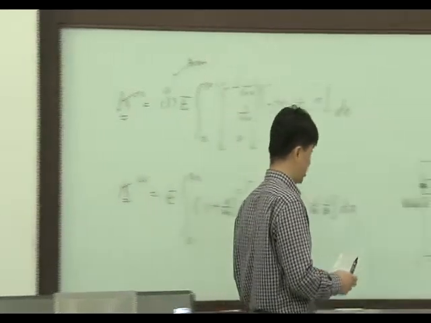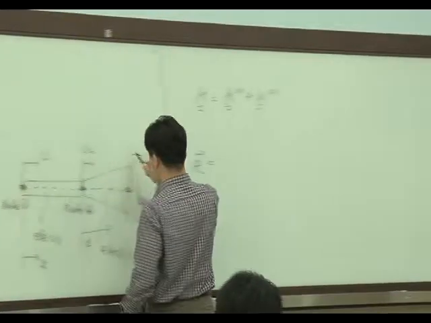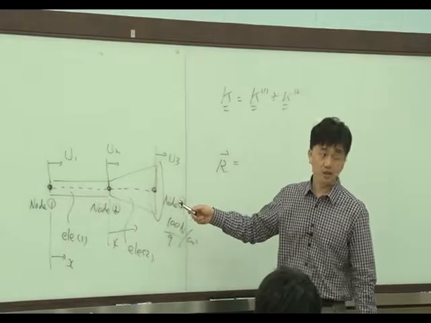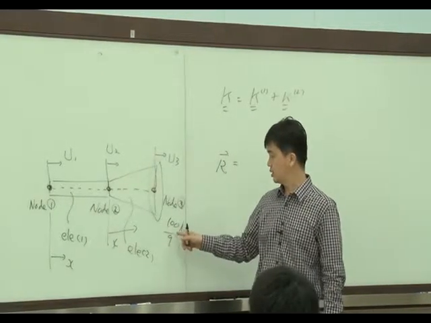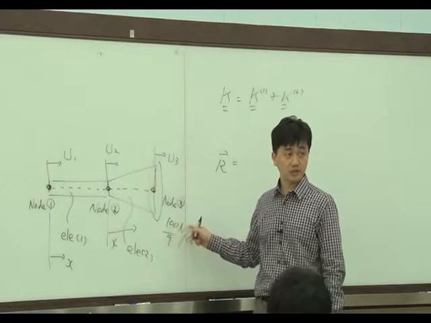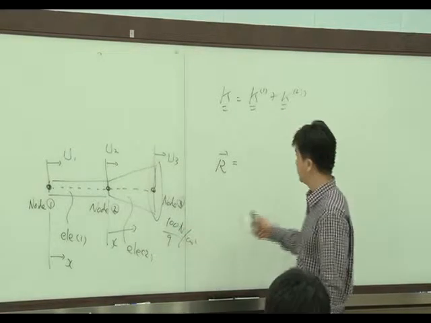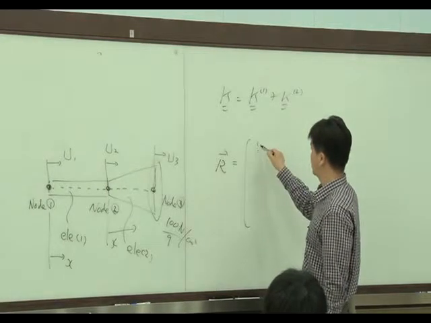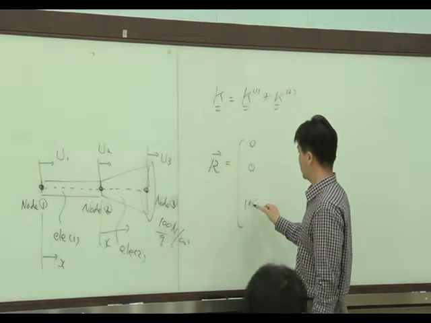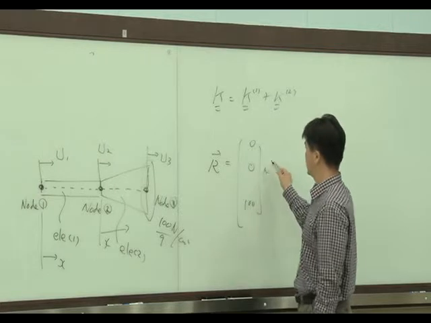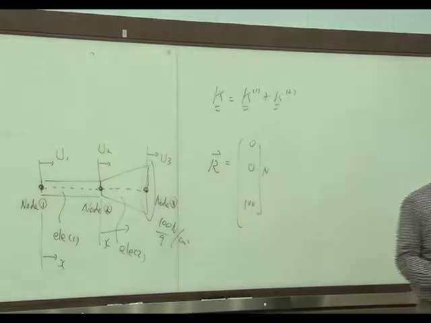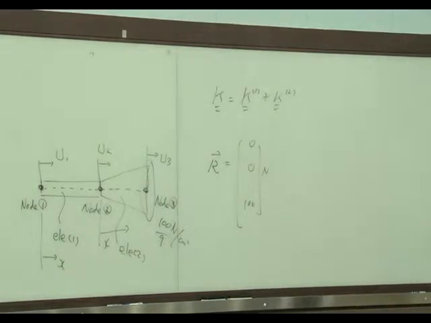So if I integrate the traction, the distribution multiplied by the area, it becomes just 0, 0, 100 Newton. This is the external force vector.